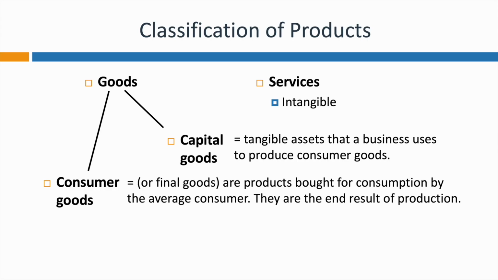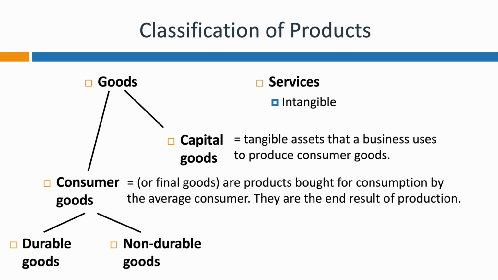Later on, consumer goods can be classified further down into durable goods and non-durable goods. Here, the definition of non-durable goods is that its duration is up to 3 years. Durable goods basically take longer or endure for a longer period of time.